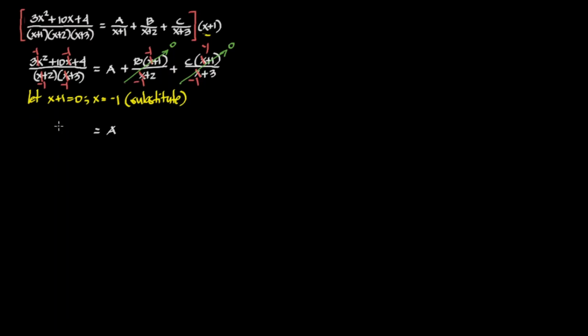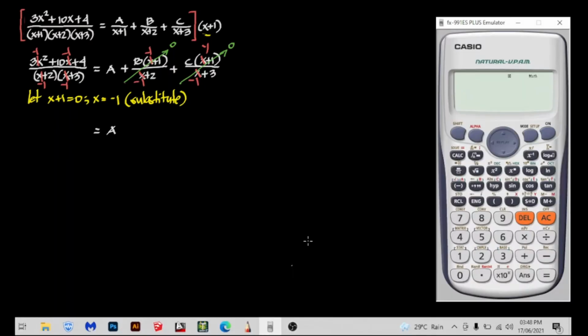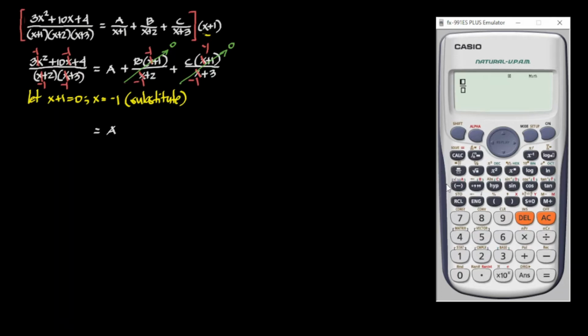So ang mangyayari dito sa kabila, ilan ba to? Try natin ha. So, lagay muna natin yung equation dito. We have 3x squared plus 10x plus 4 all over x plus 2 times x plus 3.